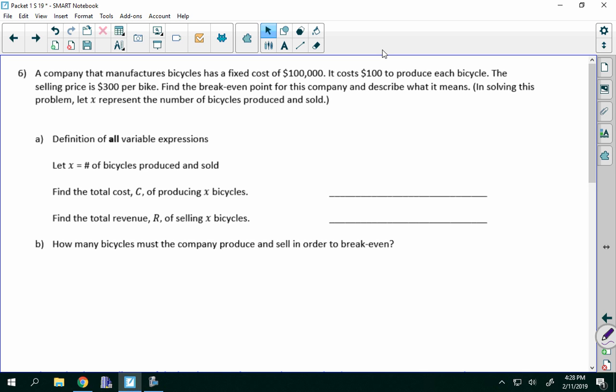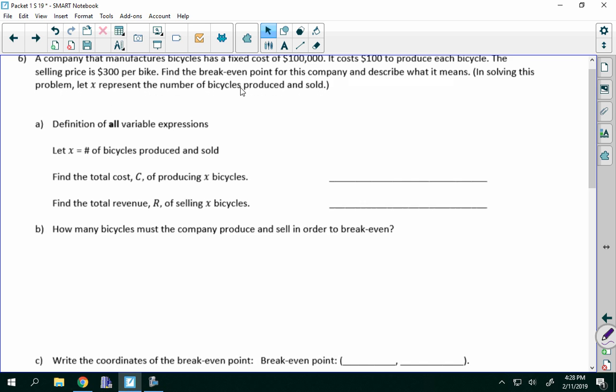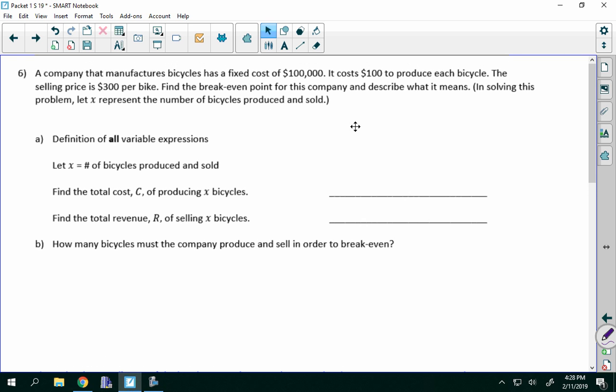It wants you to find the break-even point for this company and then describe what it means. In solving this problem, let X represent the number of bicycles produced and sold. The first part of every word problem is to define all variable expressions that you'll be using in your equation.